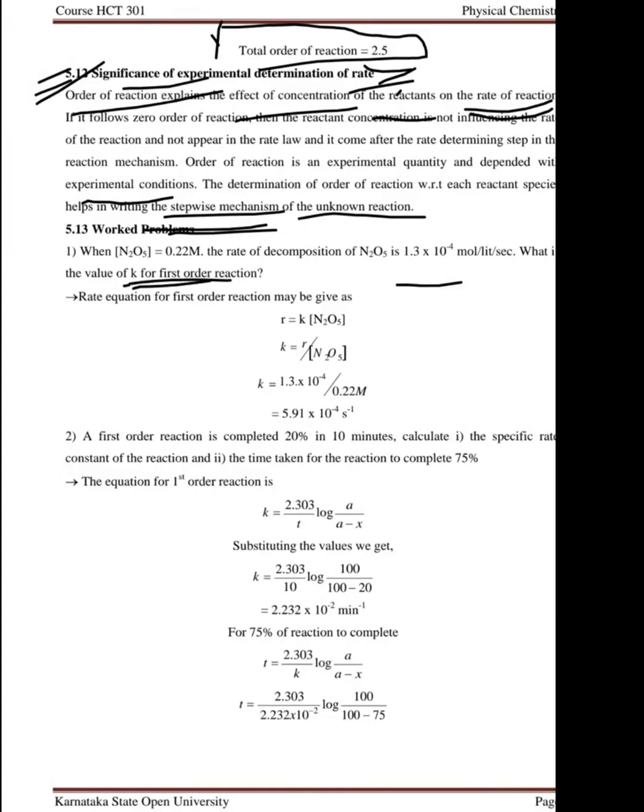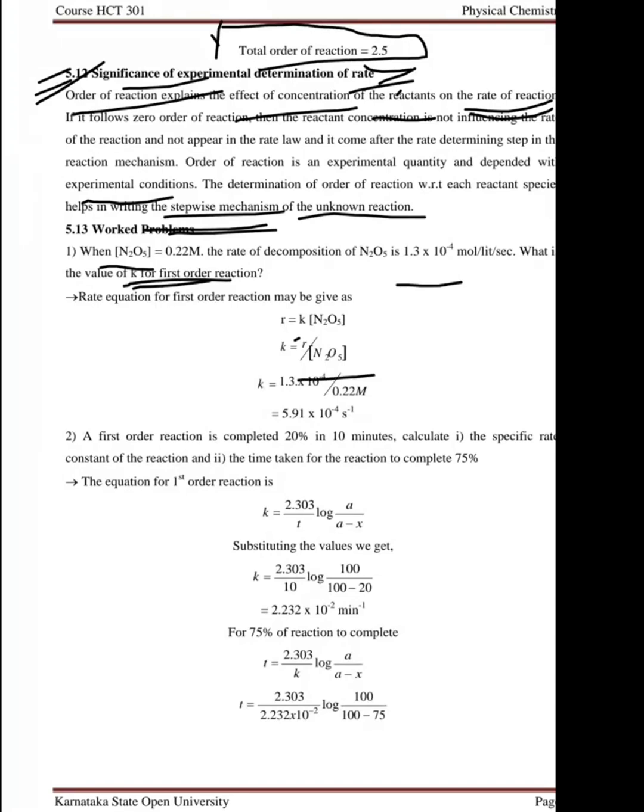So what is the rate equation of a first order reaction? Rate is K into the reactant, N2O5, which gives the product. So K can be written as K is equal to R by N2O5.